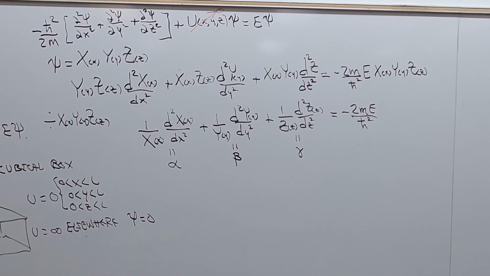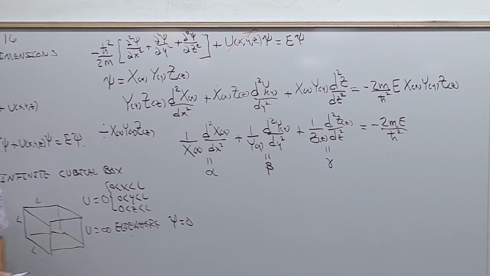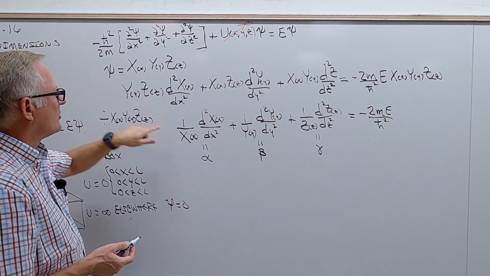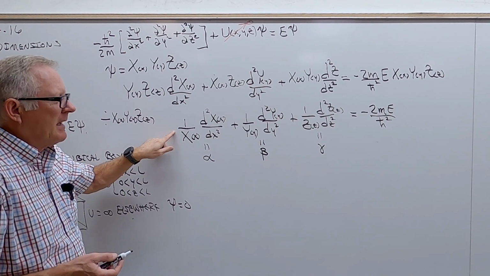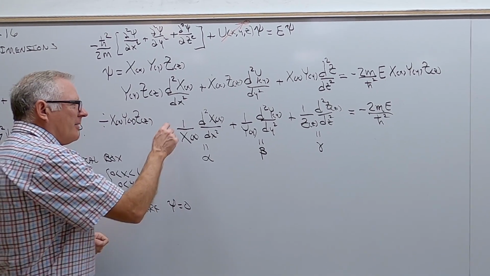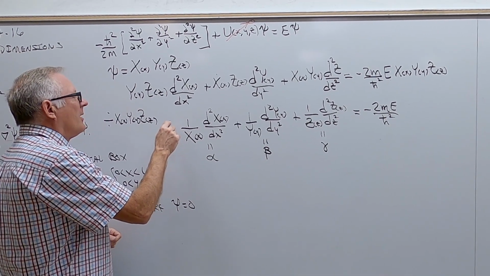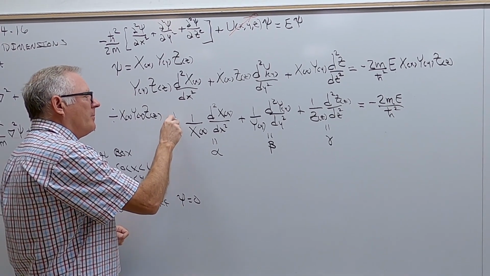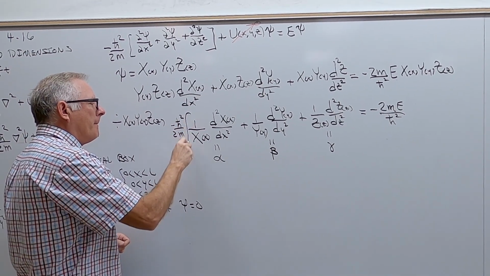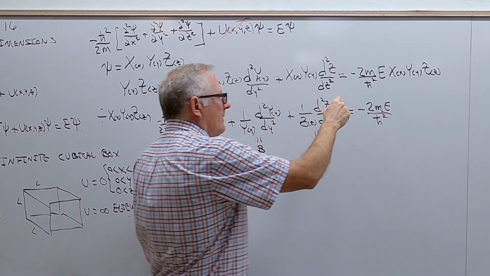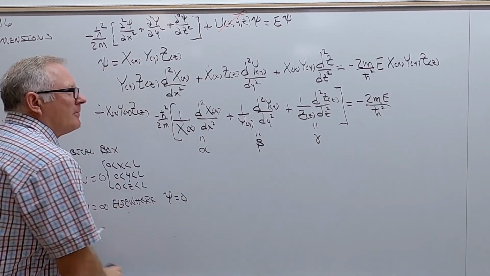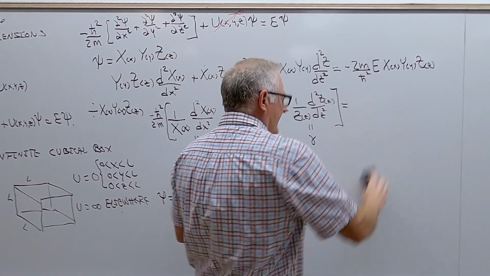Matter of fact, maybe I like it better with this h bar squared over 2m over here. It doesn't matter too much, but I like it better when I have the minus h bar squared over 2m and make it just e. That's just back to my e. I think I like that better.